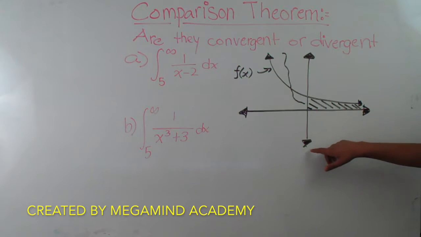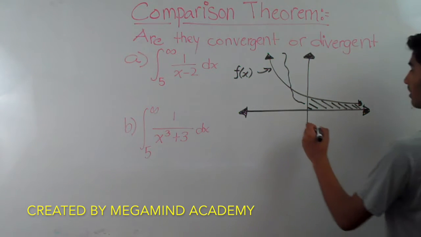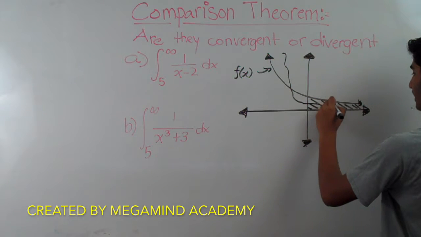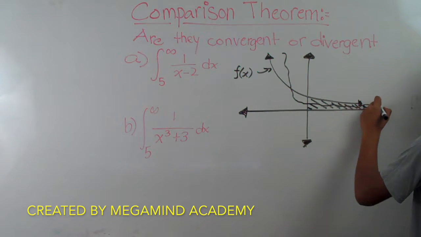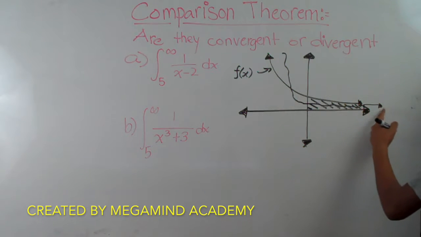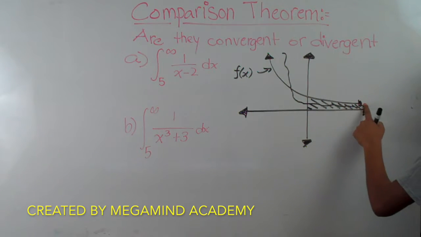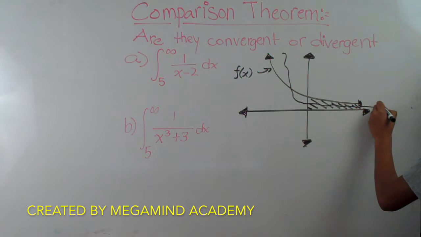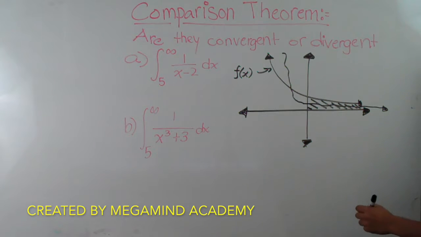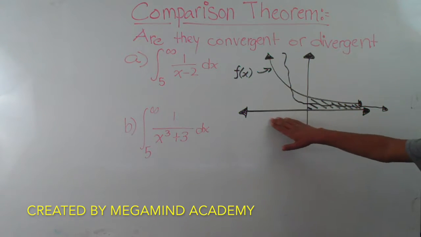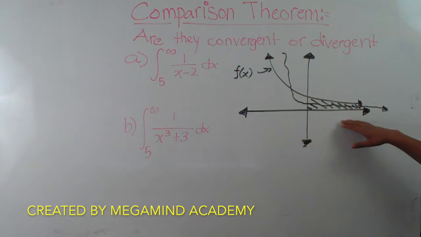So in this case, from 0 to infinity, it's less than f of x. Just imagine that this portion is less than f of x, and greater than the x-axis over here, so that it doesn't go below the x-axis.